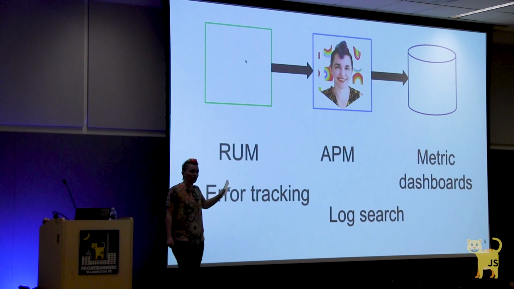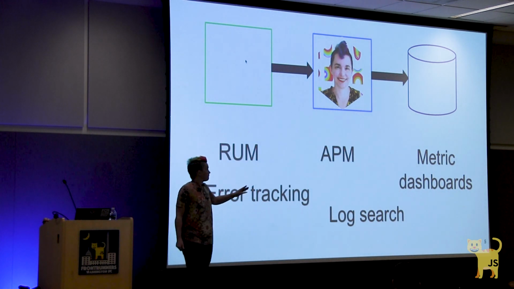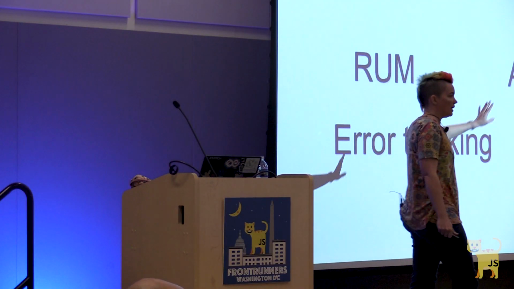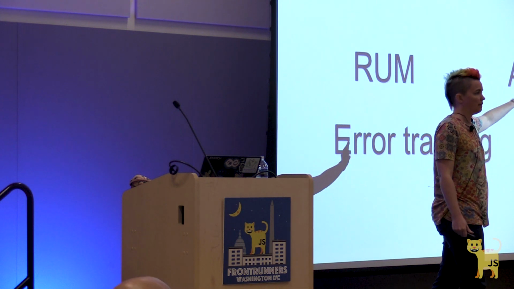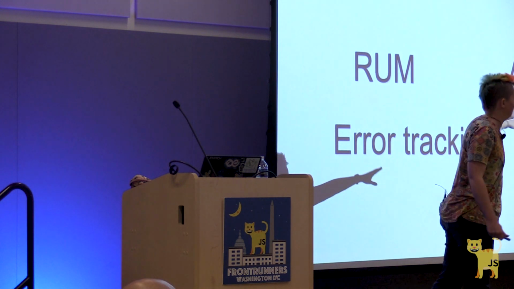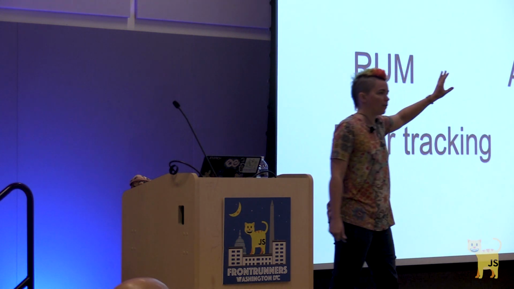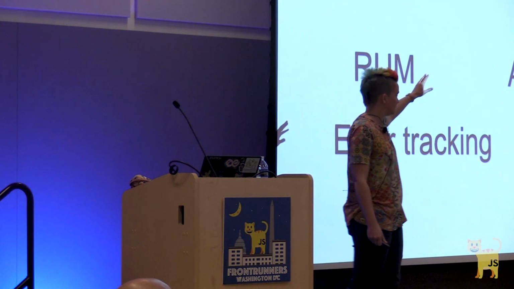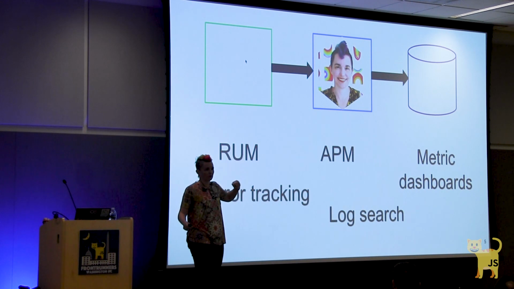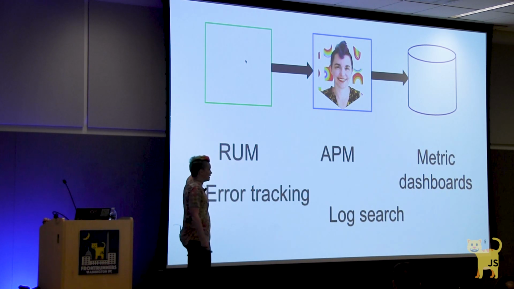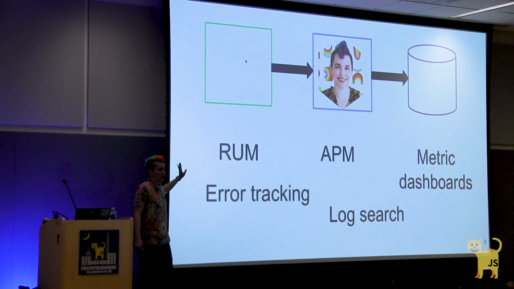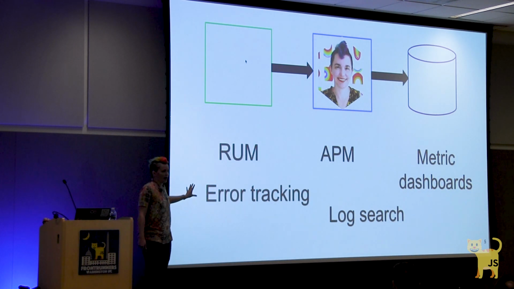When it was just box, arrow, cylinder, it was enough that we had infrastructure dashboards that the infrastructure and the database people watched. And we had APM for our web services. And then we searched logs for anything to find out what was happening when there was an error. And then in the front end, we've got things like RUM for real user monitoring, and we've got error tracking.